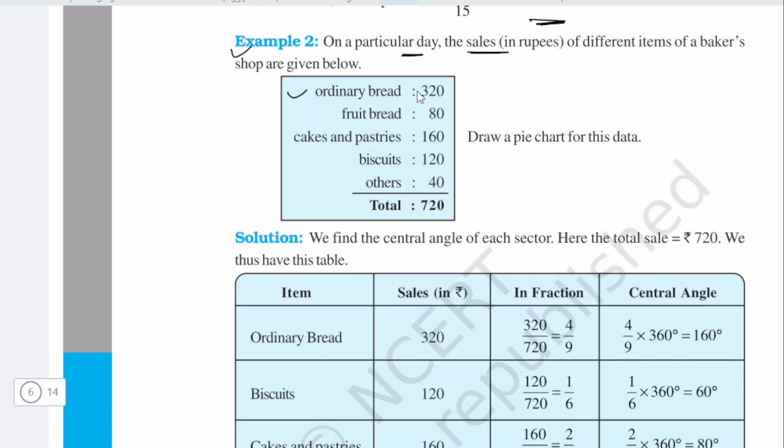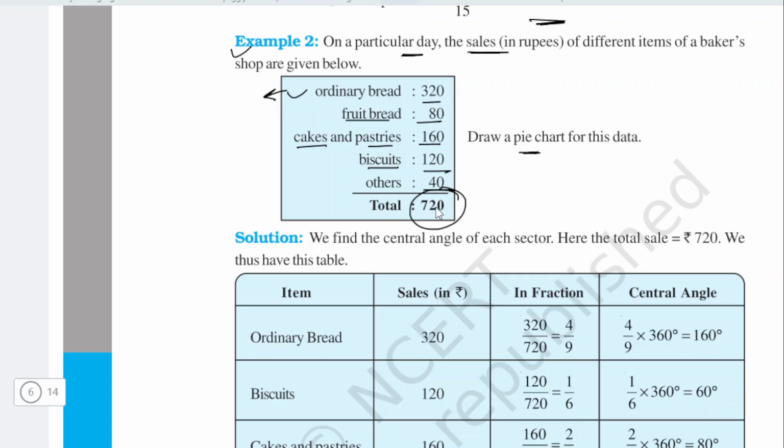Ordinary bread he sold of rupees 320, fruit bread he sold of rupees 80, cakes and pastries he sold of rupees 120, biscuits he sold of rupees 120, and other items he sold of rupees 40. His total sale is 720. Now draw a pie chart out of this data.